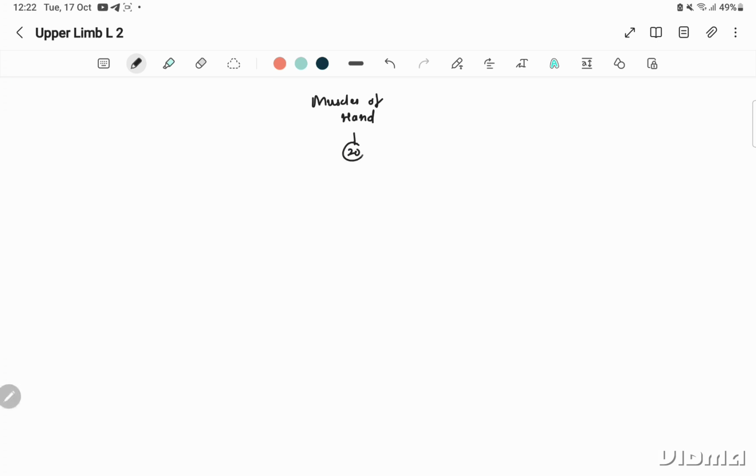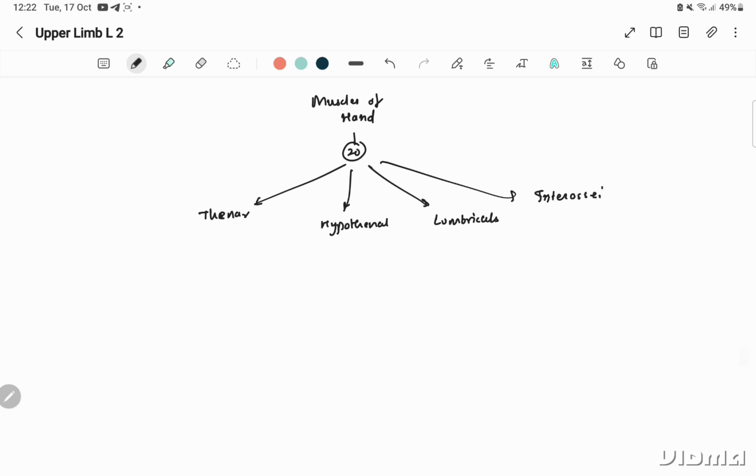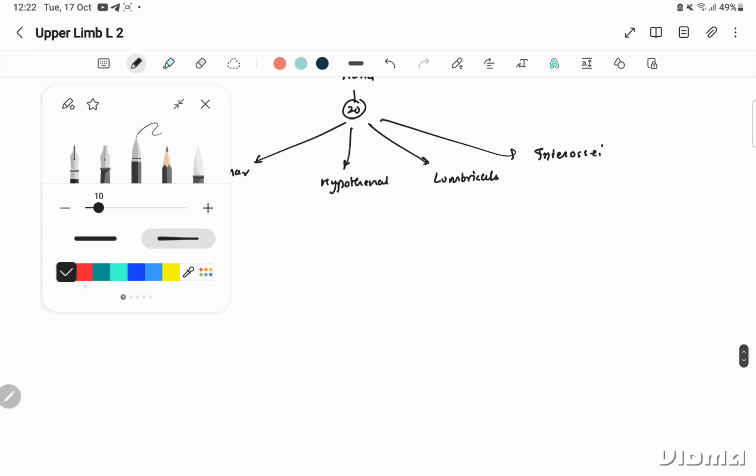Okay, so there are 20 muscles, so I group them into 4 classes. One is the thenar muscles, the hypothenar muscles, the lumbricals and the interossei. So what are thenar muscles?